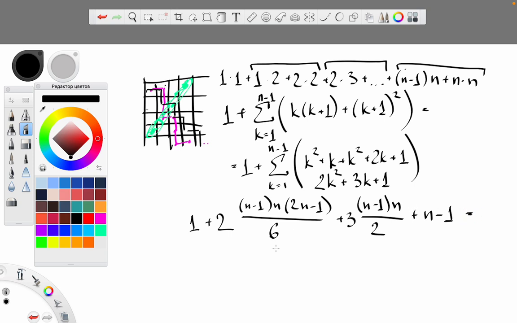And so this is n plus n times n minus 1 times 4n minus 2 plus 3 plus 9 divided by 6.